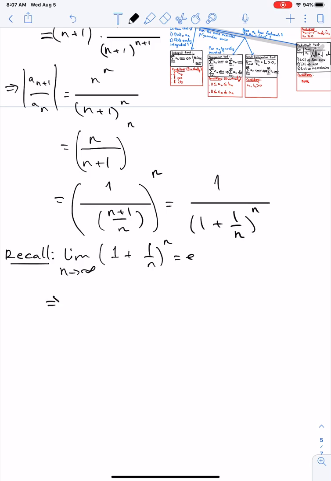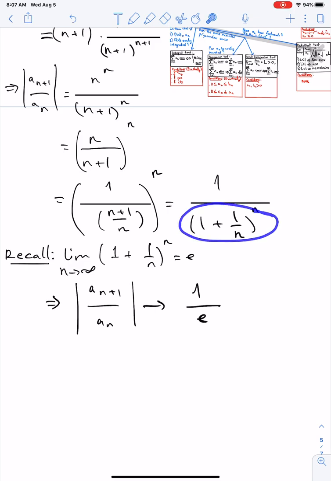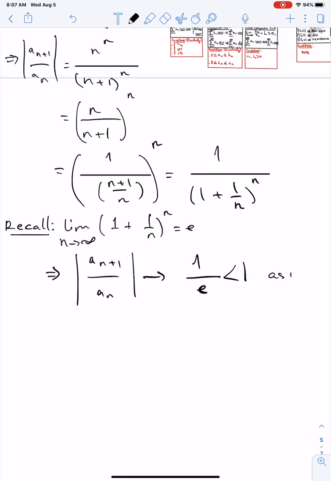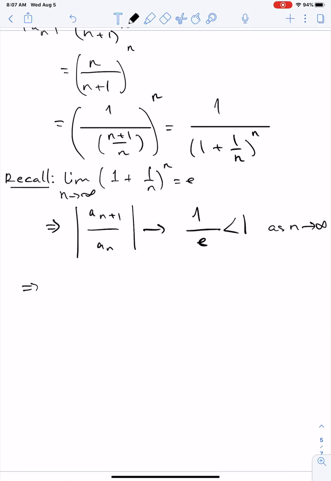So this implies that the absolute value of a n plus 1 over a n is going to be approaching 1 over e, right? This thing is approaching e. So 1 over e is less than 1 as n approaches infinity, right? So then by the root test, our original series is going to be convergent. Very nice.